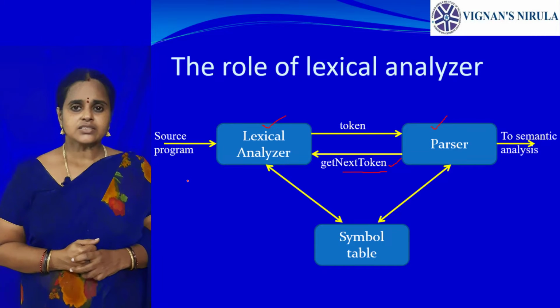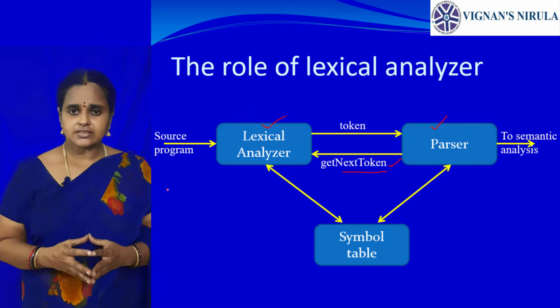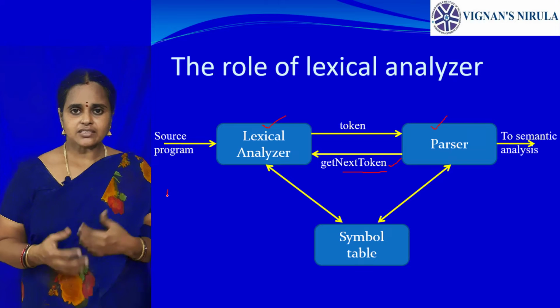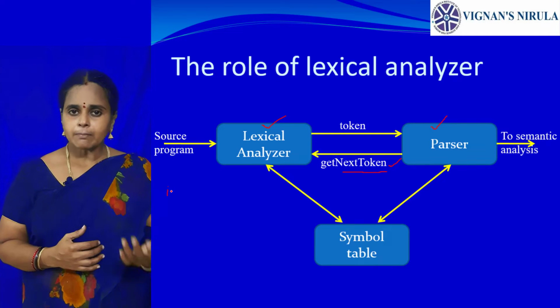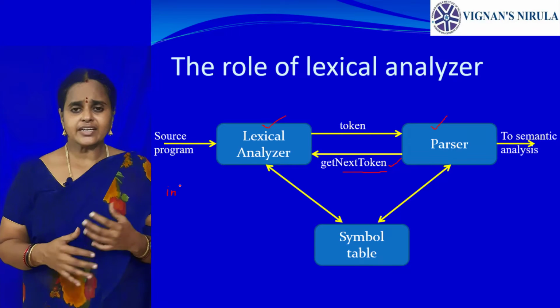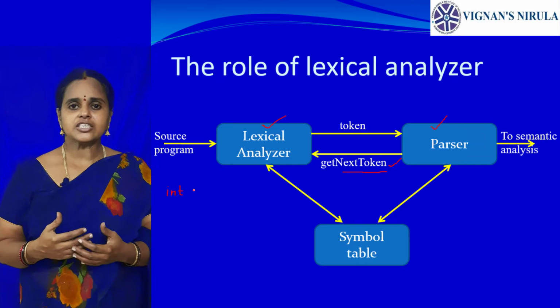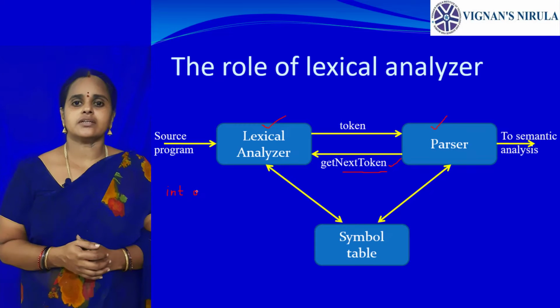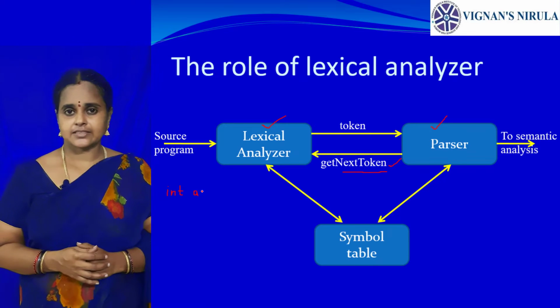So, the main goal of lexical analyzer is that it reads the characters with the get next token command by the parser, and it performs each and every different internal defined task, and finally it is able to produce one such token. This is nothing but the main role of a lexical analyzer.